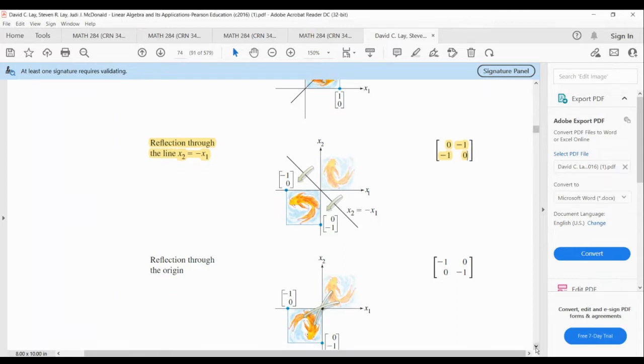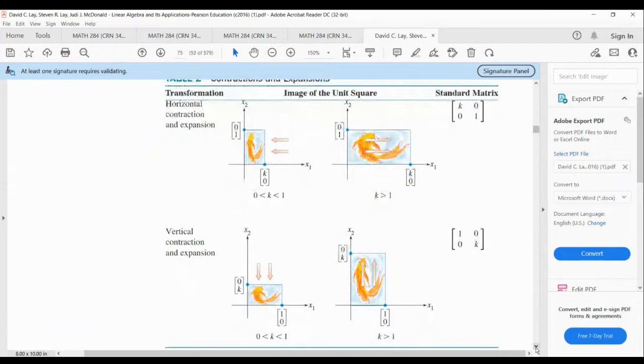Let me go look at another one here. Hold on. Okay, here's one. Horizontal contraction and expansion. Let's look at the first, I want to be careful here how I say this.